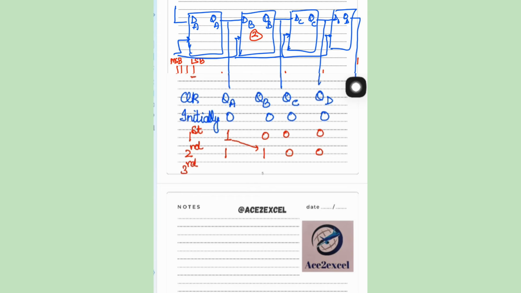At the third clock pulse, the third bit enters and now the 1 shifts to the third place and output will be available at simultaneous values. Now at the fourth clock pulse, the last one enters and the complete data is inside. So for loading the data, as I told you previously, for n bits you require n clock pulses.